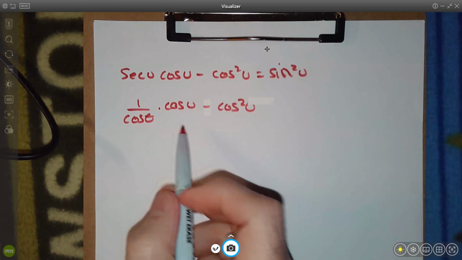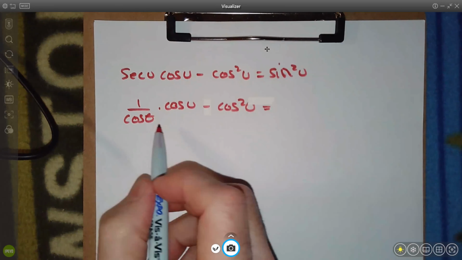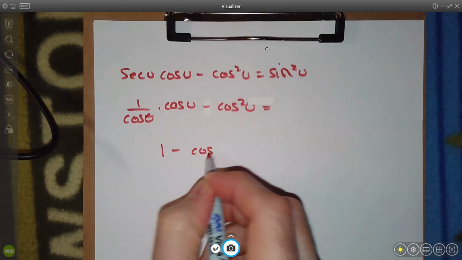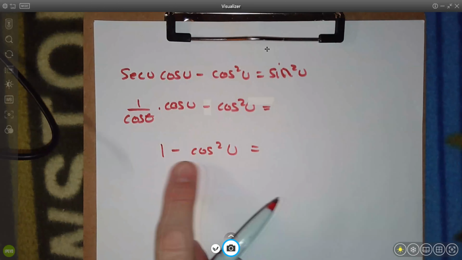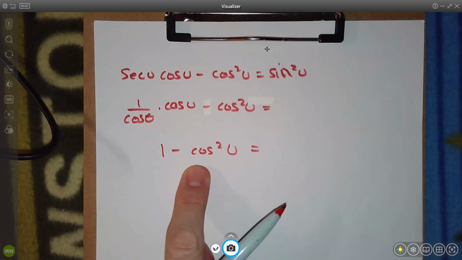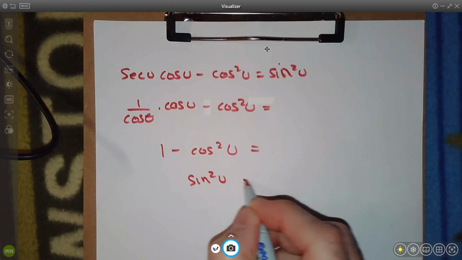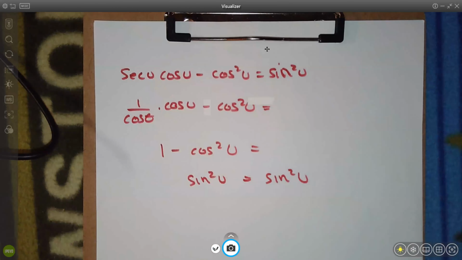What's the nice thing that happens when we do that? Cosine cancels. Perfect. And I'm hoping that you recognize the rest of this from the Pythagorean theorem, right? Sine squared of u. And that's it. In establishing an identity, you work with one side to show that it equals the other side. You don't manipulate both sides, you manipulate one side. Awesome.